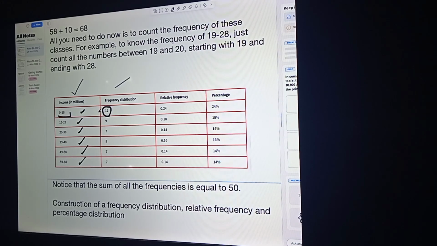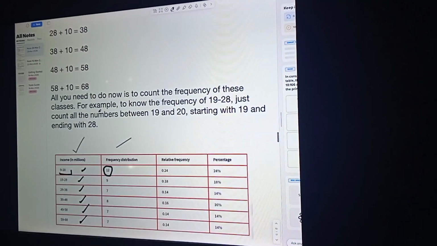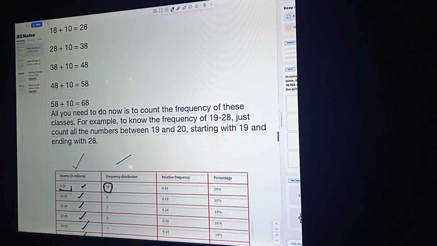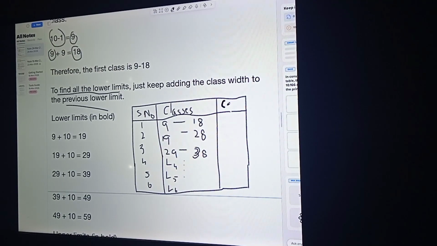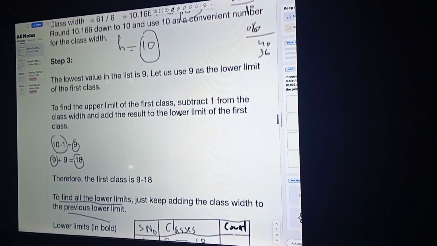So for this you have to count from 9 to 18. You have to count this from the raw data.